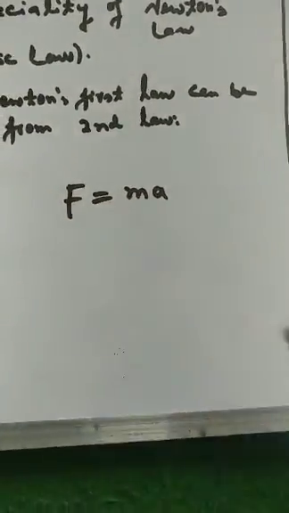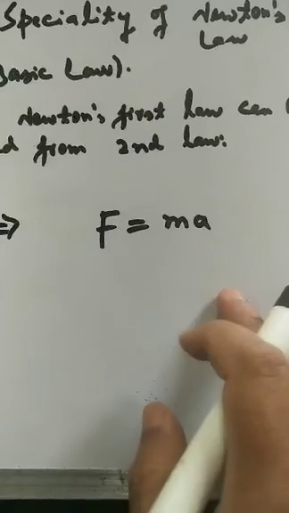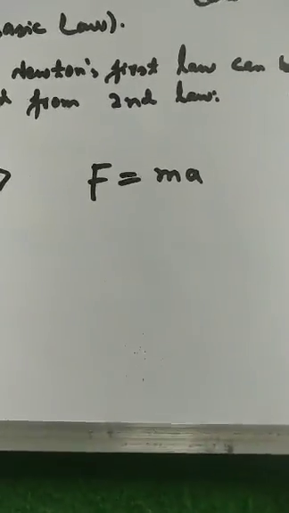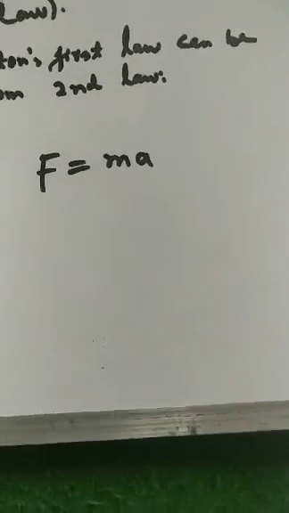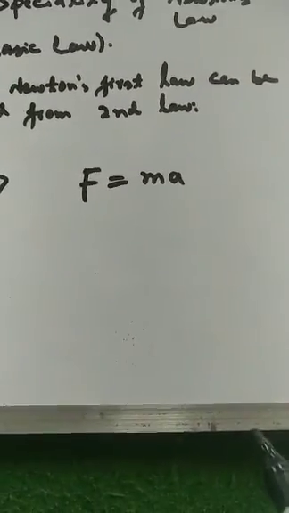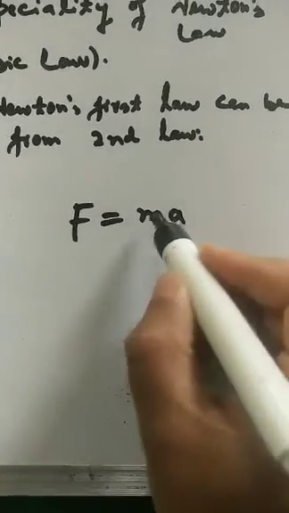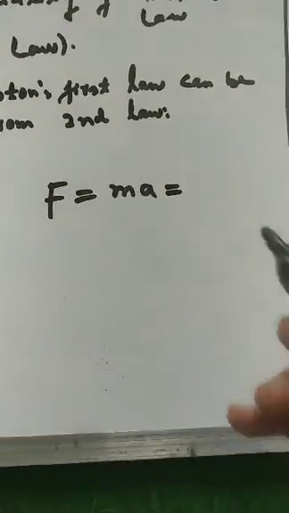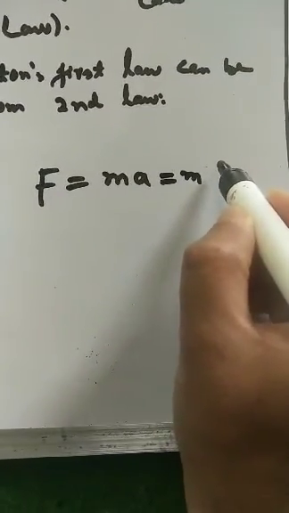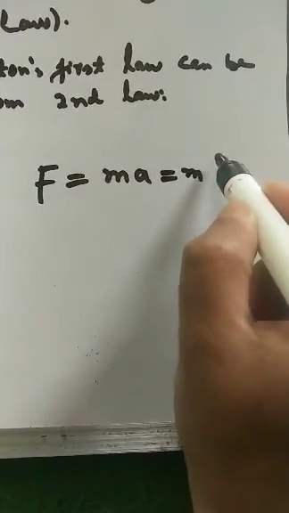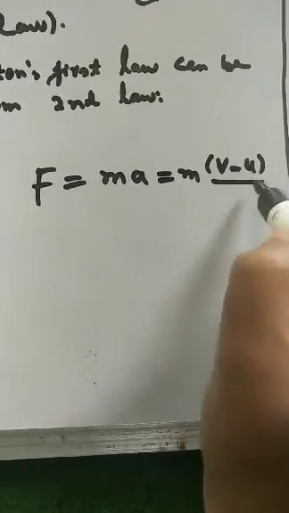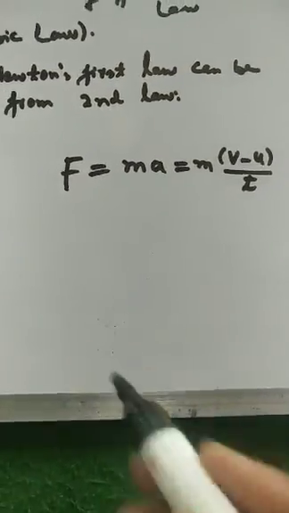We will start from here, the second law of motion. From this we can also deduce Newton's first law of motion. F = ma, where m is the mass of the body and a is acceleration. How do we find acceleration? Change in velocity divided by time. And change in velocity is final velocity minus initial velocity, divided by time taken.